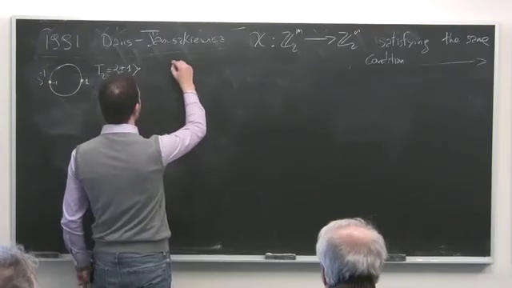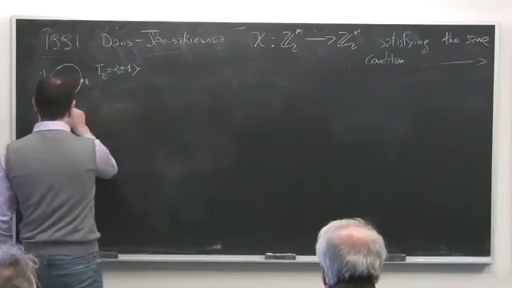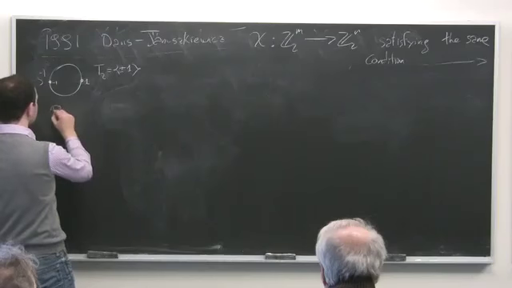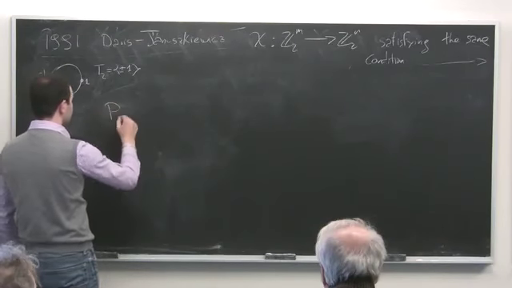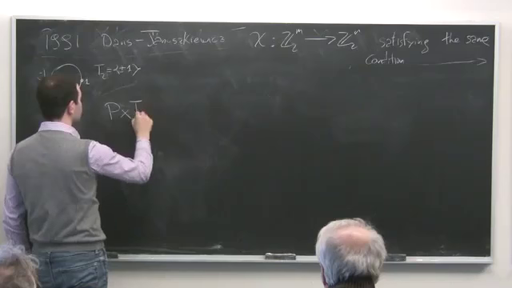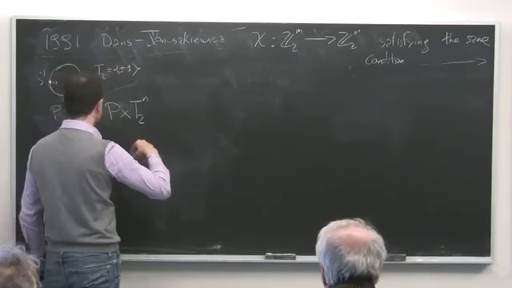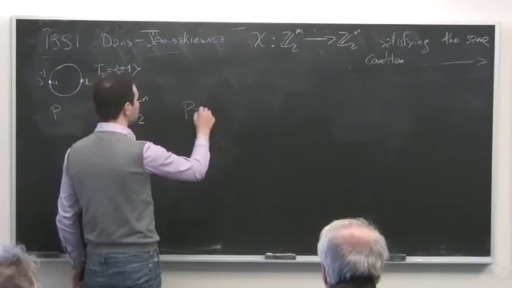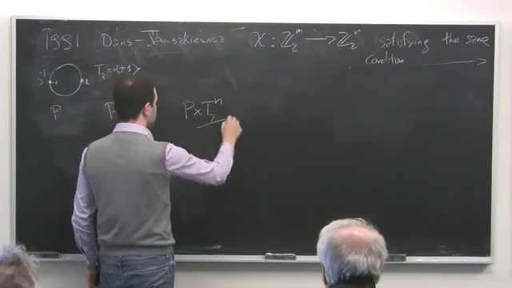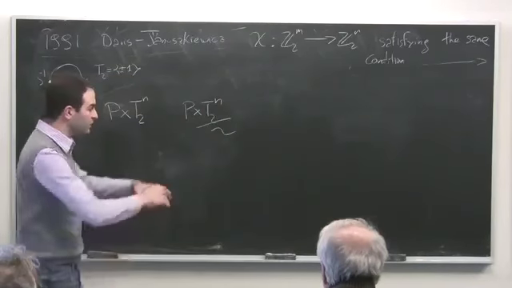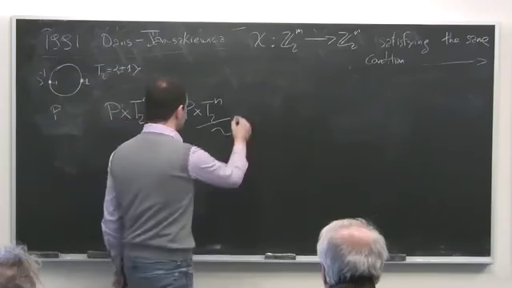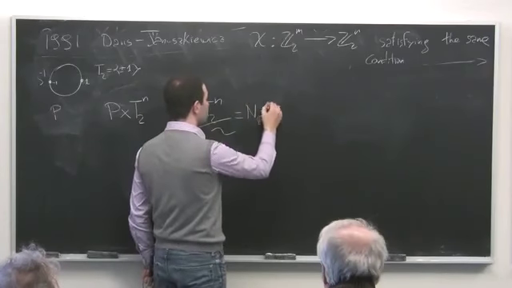So again, start with a polytope, cross it with this discrete set, and then identify certain points lying above the faces. I will call this N_P of chi.